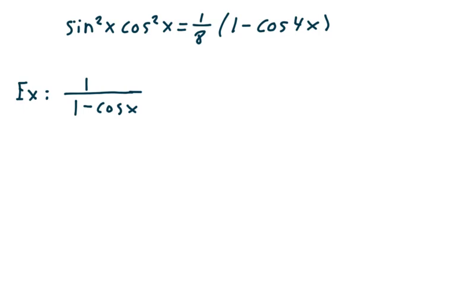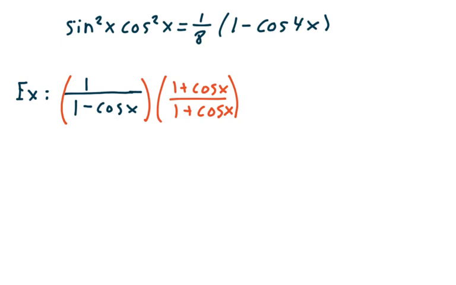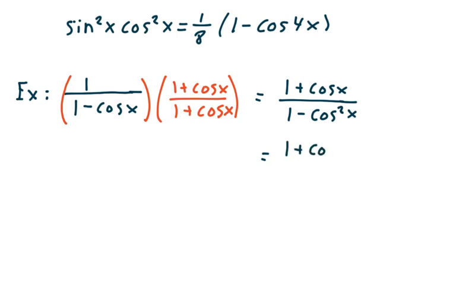And so what I'm going to do is multiply numerator and denominator by 1 plus cosine x divided by 1 plus cosine x. So this is 1 plus cosine x divided by 1 minus cosine squared x. But 1 minus cosine squared x is sine squared x. So this is 1 plus cosine x divided by sine squared x.